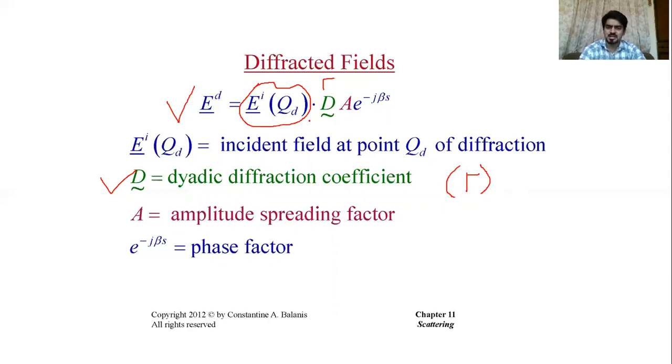Along with that, you will also have an amplitude spreading factor. Now, you might think that we did not have an amplitude spreading factor when we defined the Fresnel reflection coefficient. But you need to keep in mind that the Fresnel reflection coefficient is defined for infinitely large flat surfaces, so you do not have any kind of curvature.